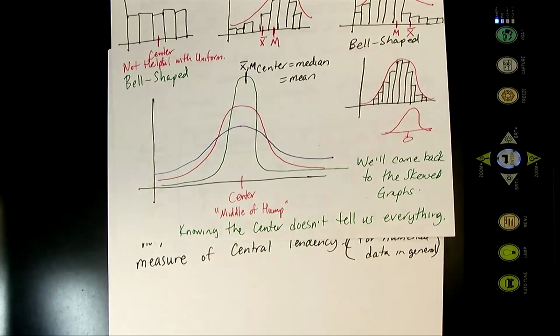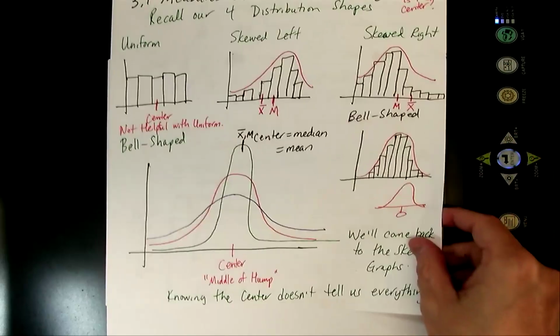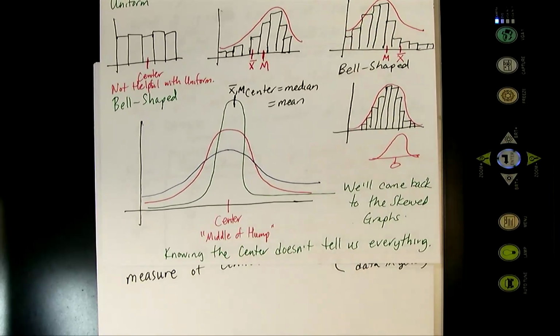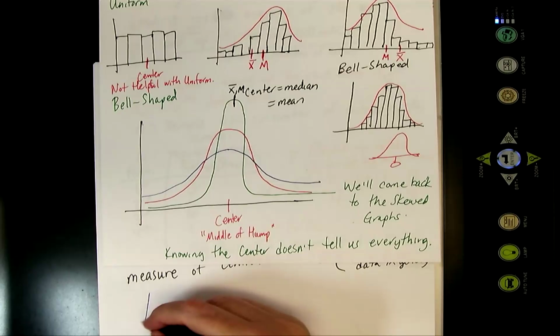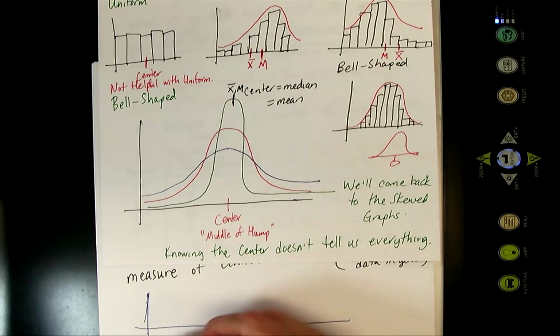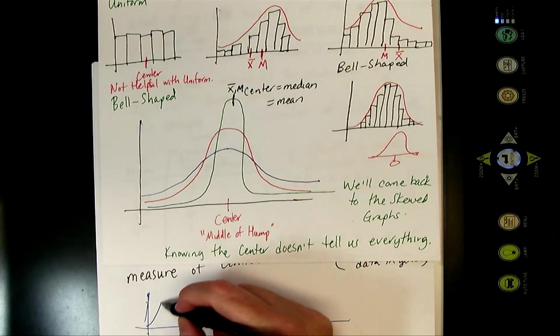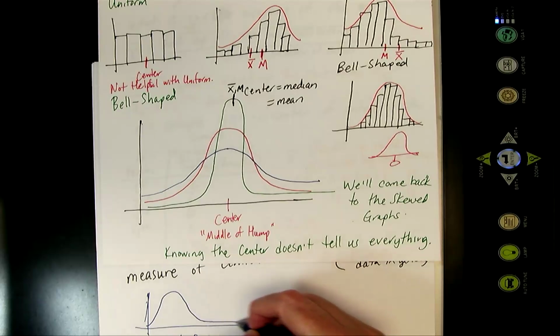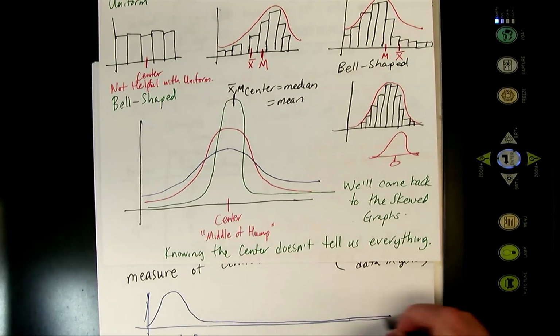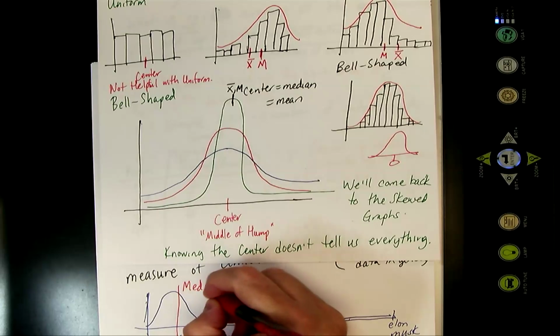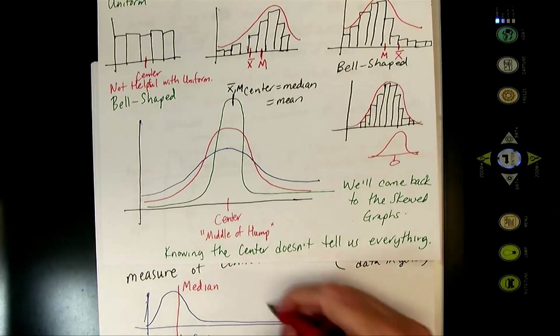Just a quick sketch of that: if I did a little graph of our income thing that I was talking about, here we are, and then Elon Musk is way over here. The median is still near the center of the hump, but the mean is going to be over here.